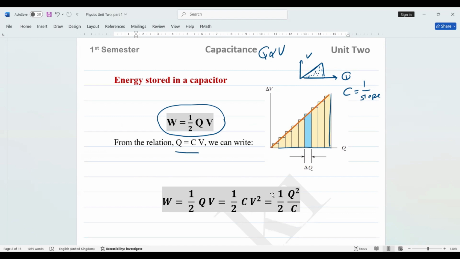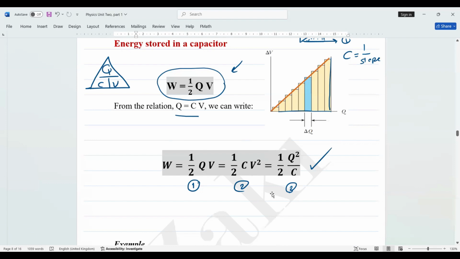Then we have 3 formulae for energy: half QV, or half CV squared, or half Q squared over C. Which formula we use depends on the given. The main formula is half QV, and you can put beside it Q equals C times V to do substitution. But all the formulae will be in the formula sheet.